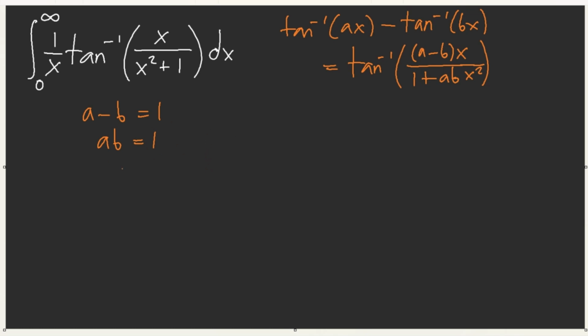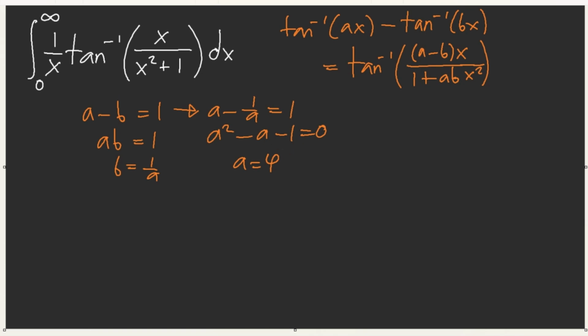Of course, b is equal to 1 over a, so a minus 1 over a equals 1, which gives a squared minus a minus 1 equals 0. When we solve for a, we get the golden ratio. Yes, this is the golden ratio.